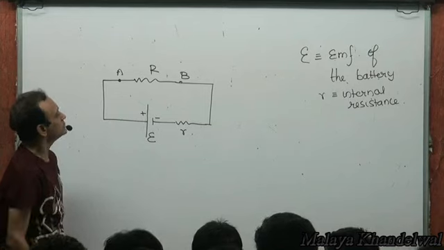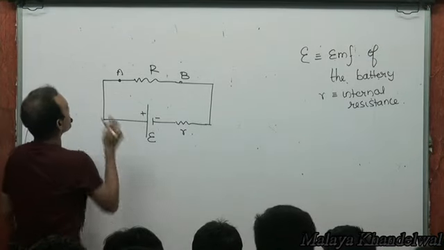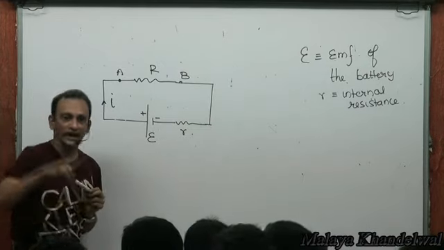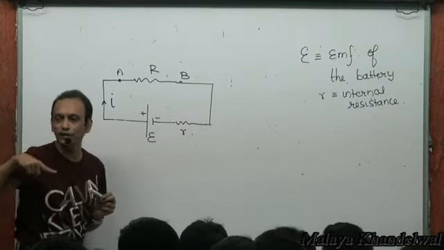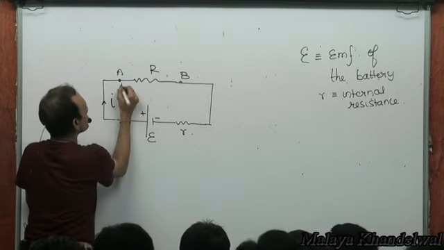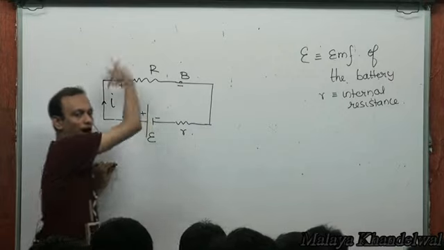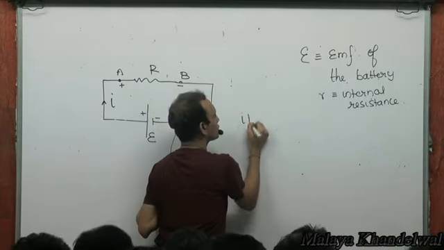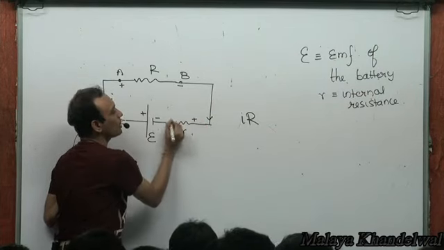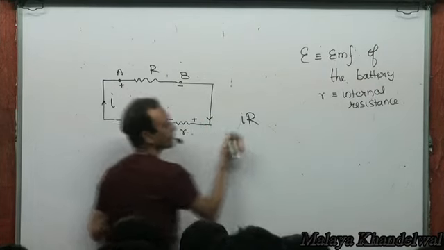Now, realize that if I is the current driven through this, then I can apply KVL to the loop and obtain the value of I, right? So the drop across the resistance is going to be I into R. And then there is a drop across this small r, I into small r.